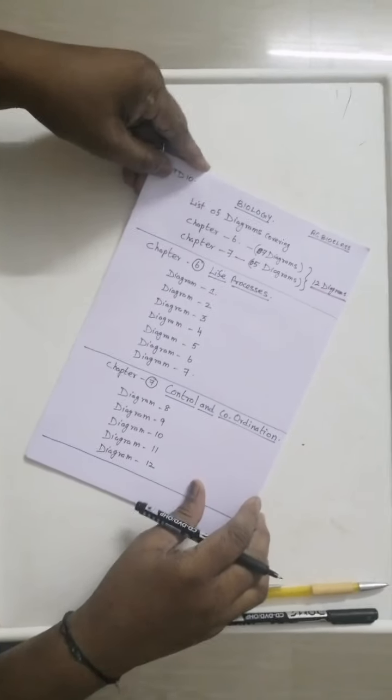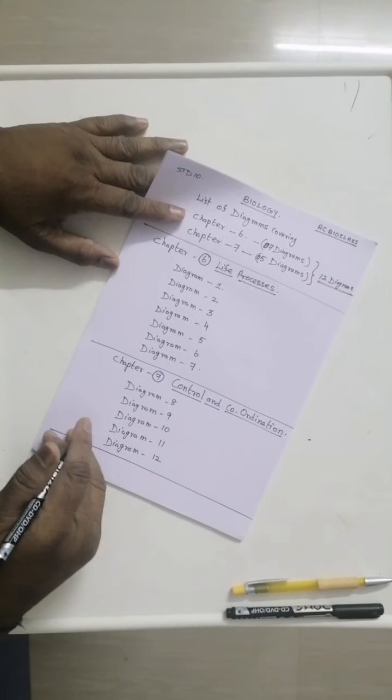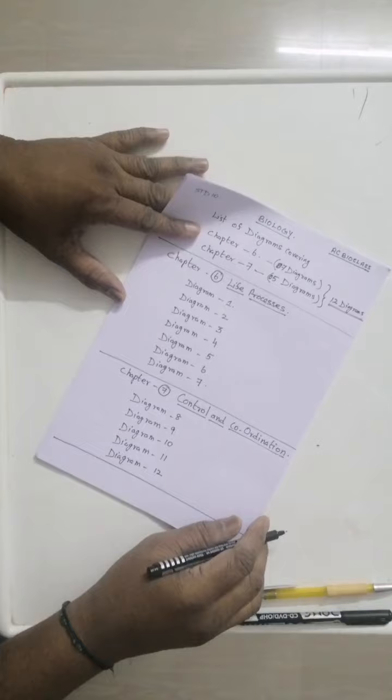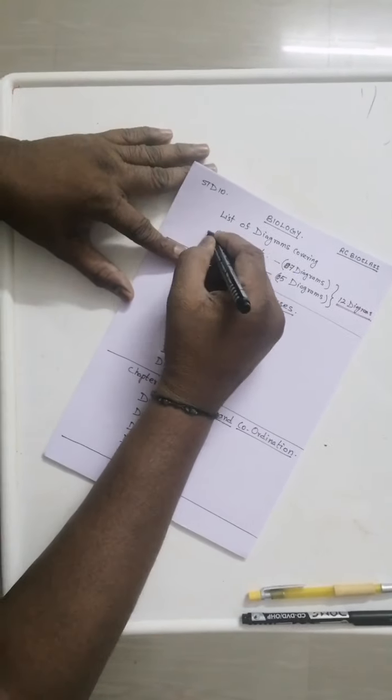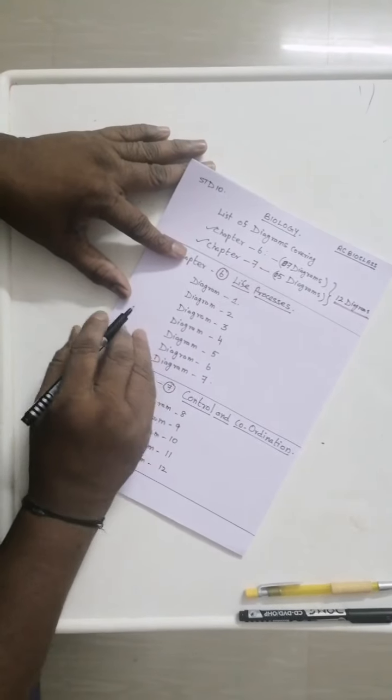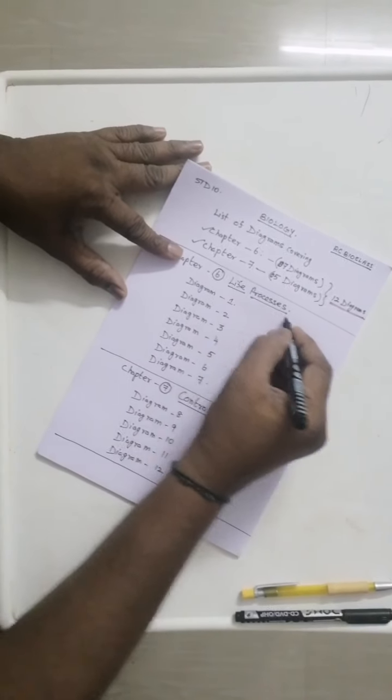Already we have done some diagrams which I will write here. There are two chapters we are covering, chapter 6 and chapter 7, and under chapter 6 is life process.